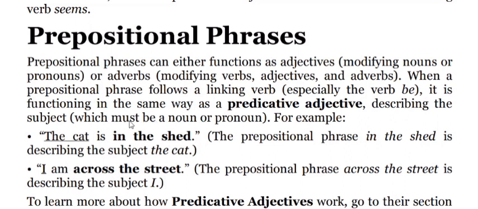For example, the cat is in the shed. The prepositional phrase in the shed is describing the subject, the cat. I am across the street. The prepositional phrase across the street is describing the subject.